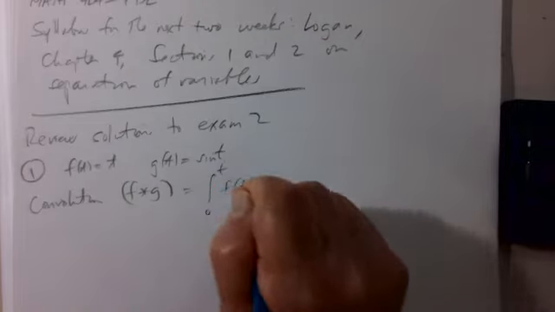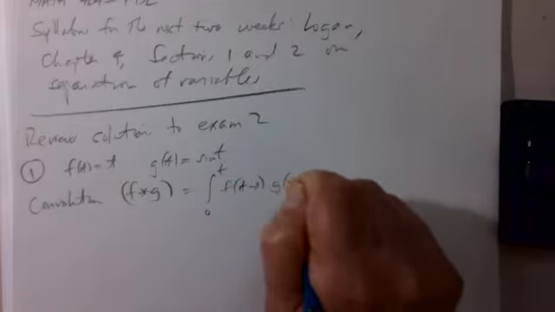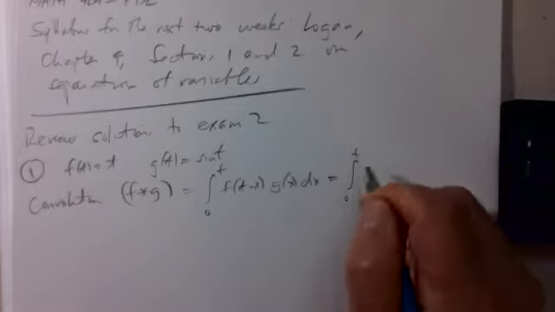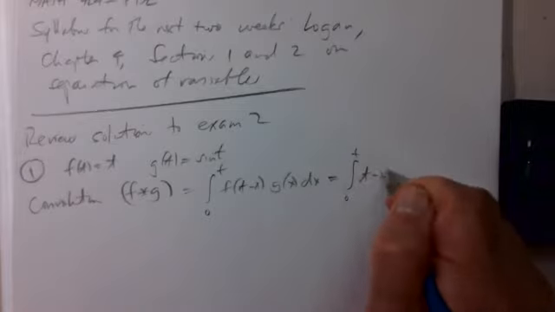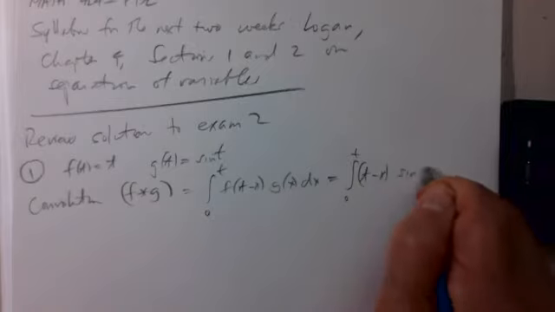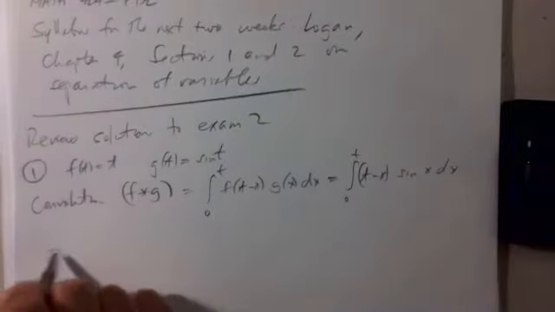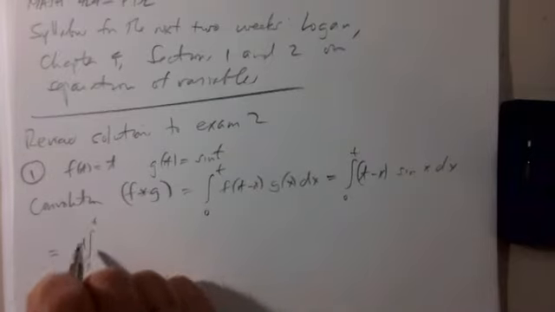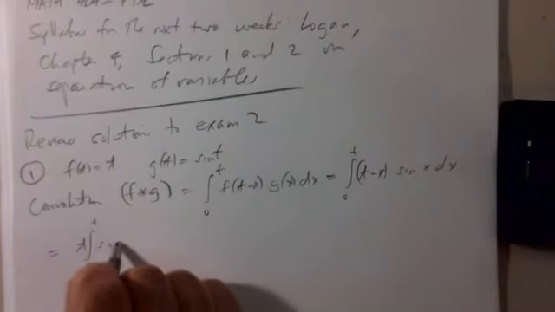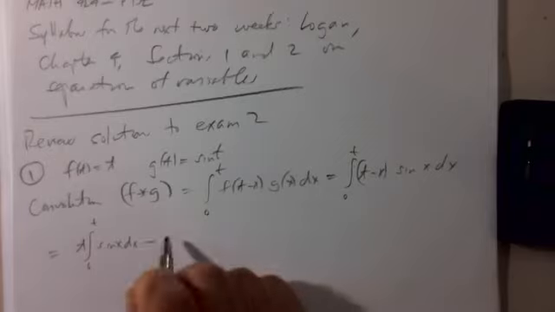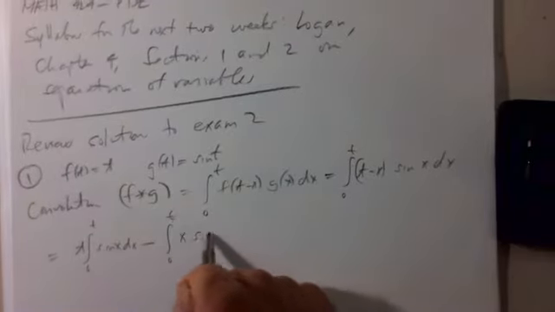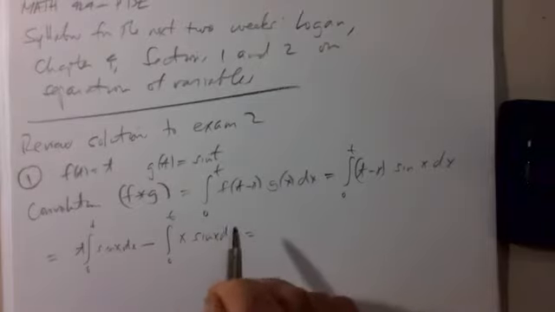F of t minus x g of x dx, which for us is the integral from 0 to t of (t minus x) times the sine of x dx. So this is the integral from 0 to t of t sine x dx minus the integral from 0 to t of x sine x dx.